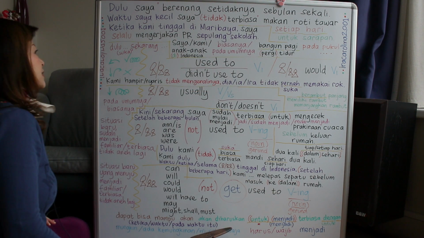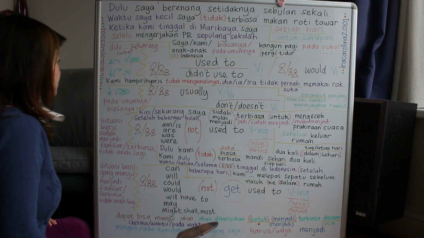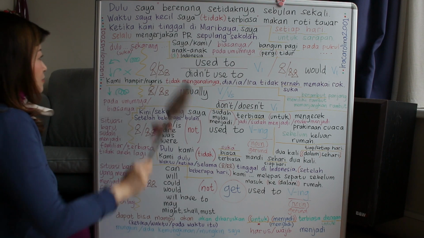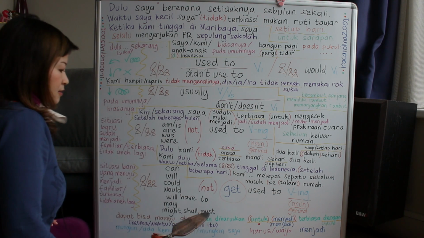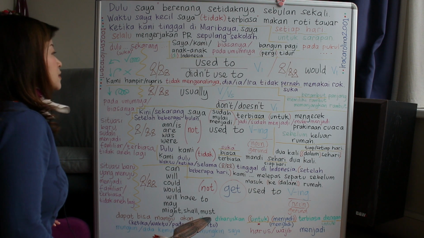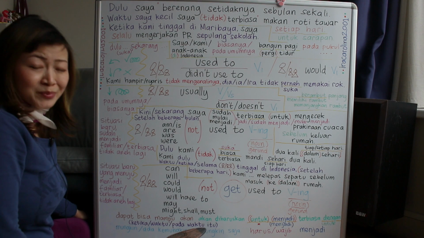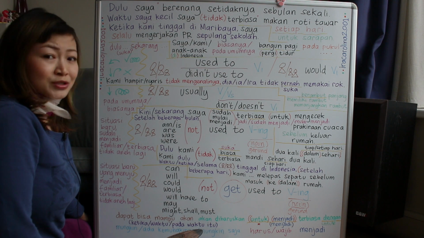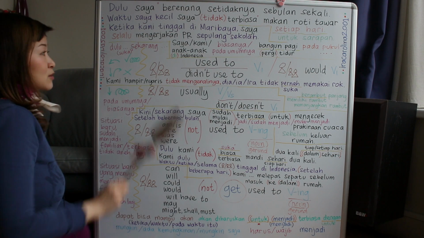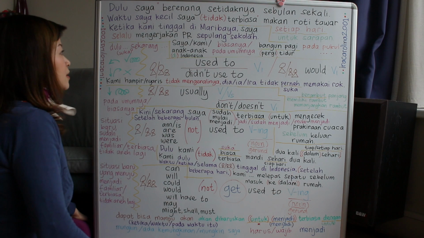Saya, I, selalu, always, mengerjakan, do. So again, the verb in Indonesian language or Bahasa Indonesia can be for the present, can be a habit, can be in the future, can be in the past, because it's just the same word for every time period.